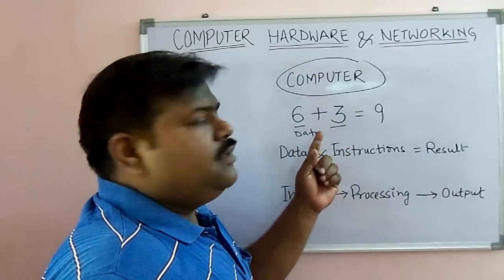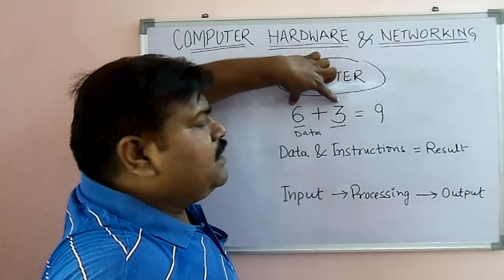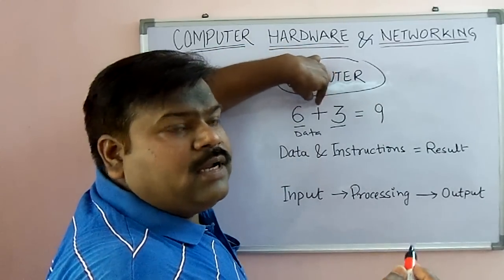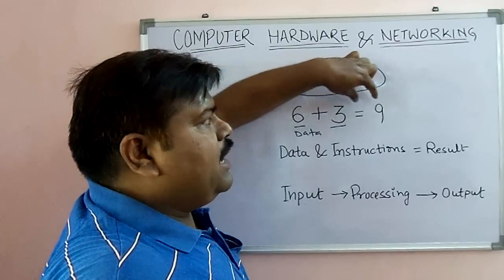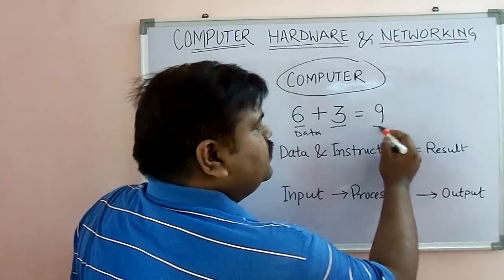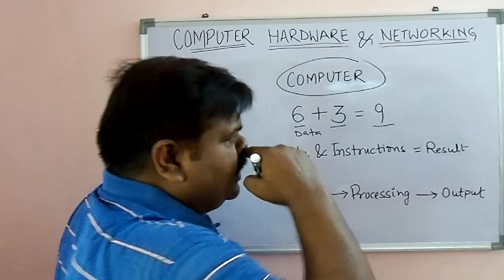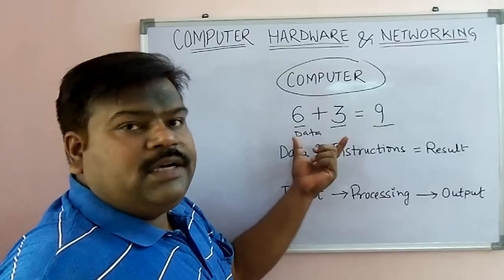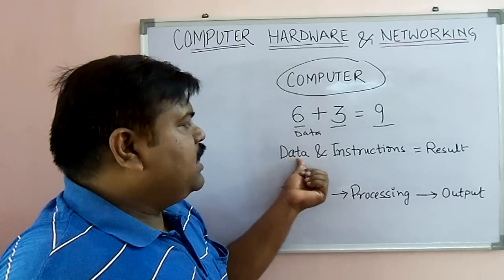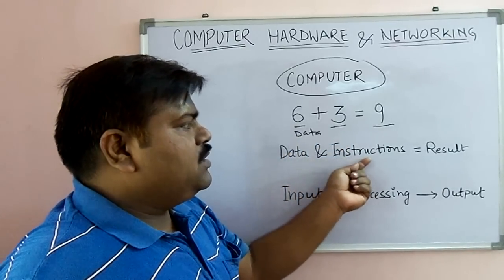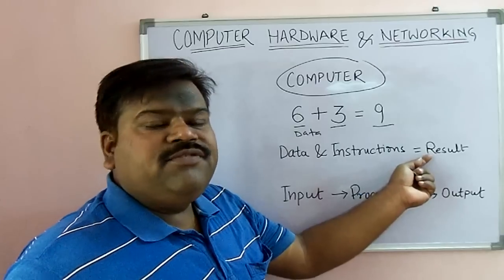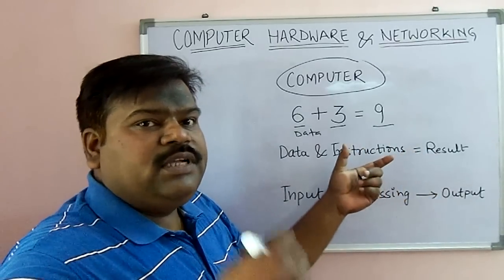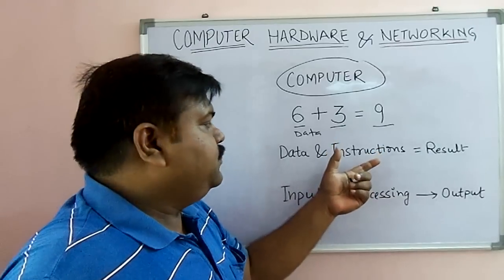We have given this data and instruction to the computer, and it processed them and gave us a result. This part is the result. So in the whole cycle, we gave data plus instructions and the computer gives us the desired result after processing or calculating it.